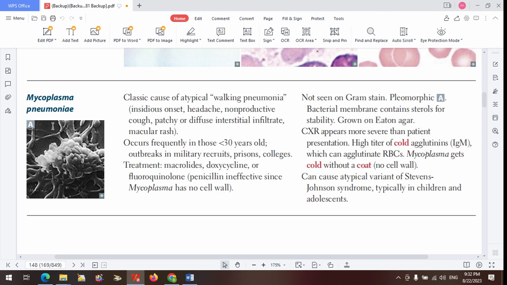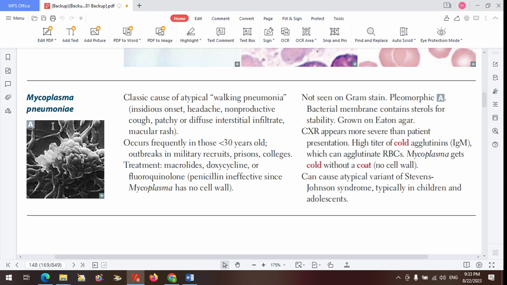You see the patient walking up and down, like the person doesn't have any problem, and you look at the x-ray, it's very bad. You see diffuse interstitial infiltrate, almost all the zones of the lung having this pathology, and this guy is just walking as if there's nothing. That is atypical pneumonia, the walking pneumonia, which is typically caused by Mycoplasma pneumoniae. They are hale and hardy, but the presentation is not in keeping with the level of damage in the lung.